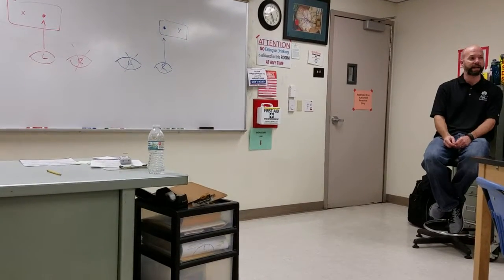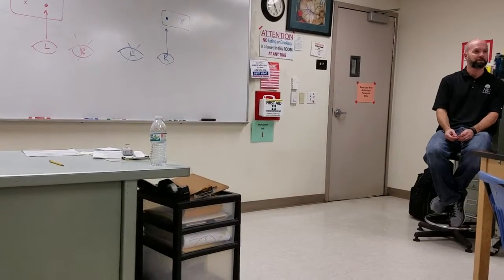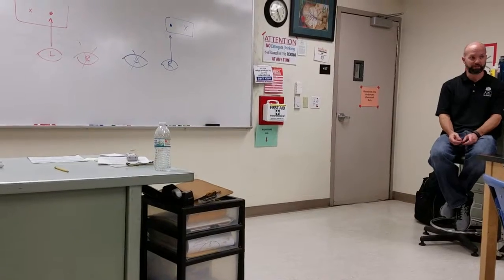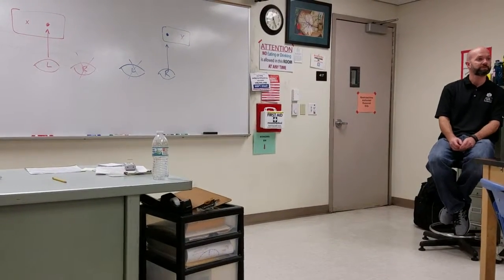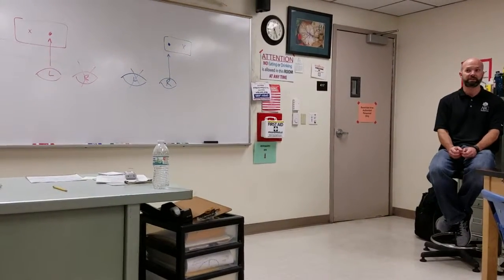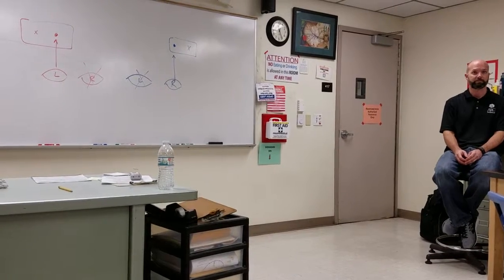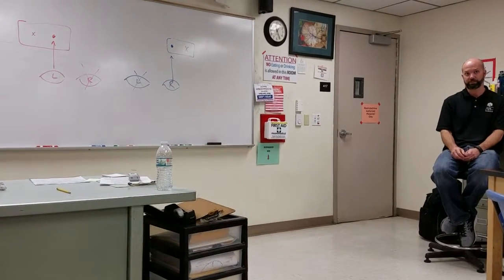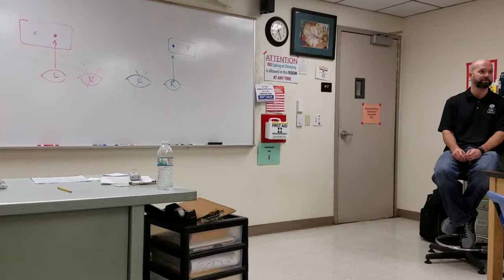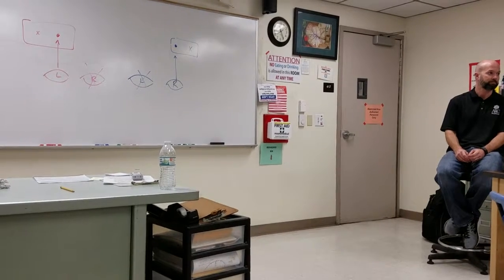Beta dilation, alpha constriction. So when epi, in particular, stimulates those beta 2 receptors, blood vessels dilate. When norepi stimulates those alpha 1 receptors, vasoconstriction.